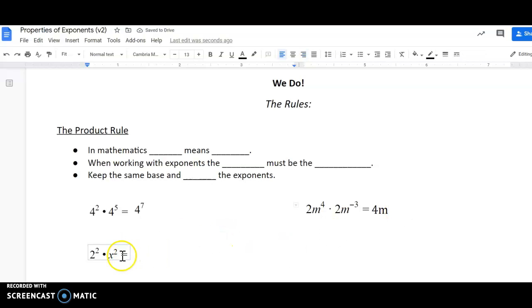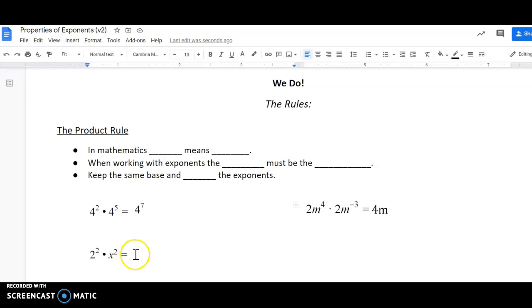All right, they're asking us to multiply, the little dot in the middle. Very good. Now, working with exponents, the bases must be the same. Are the bases the same? No, this base is a 2. This base is an x. We cannot apply the product rule.